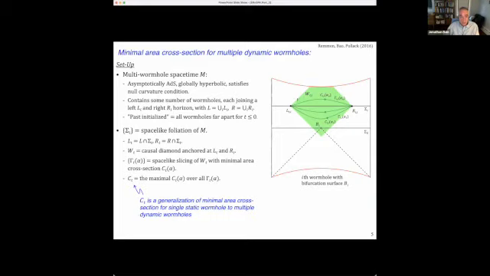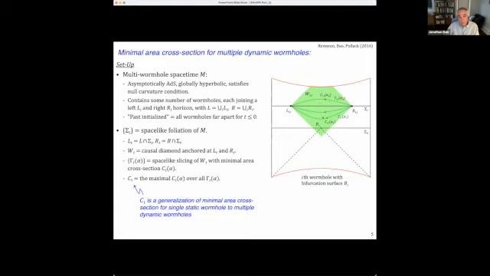Then W_T^i, this green wedge region, represents where the ith wormhole intersects the causal diamond W_T associated with L_T and R_T. And then the family of spatial slices of W_T are represented by these green curves that join our L_T^i and R_T^i.